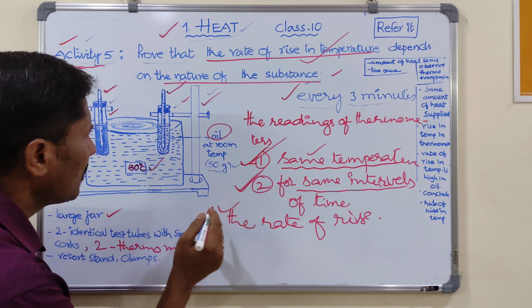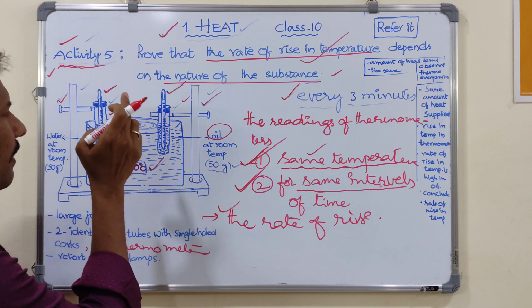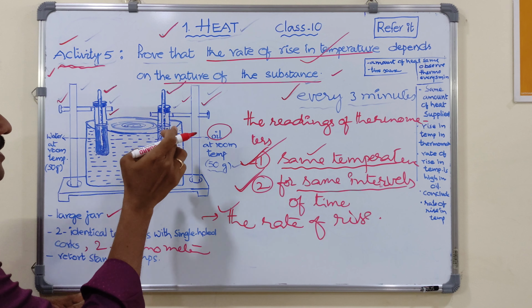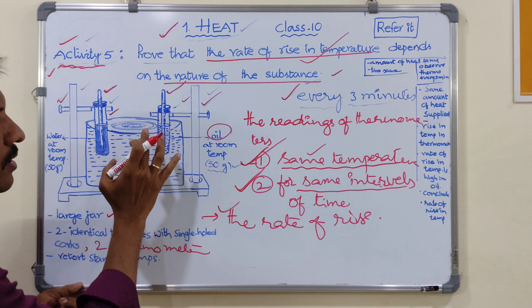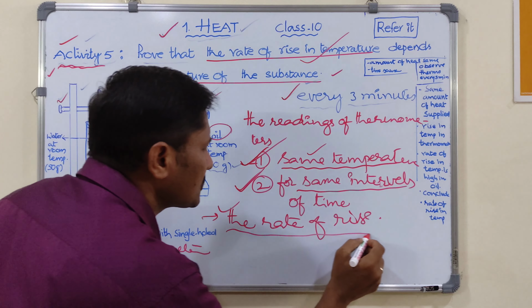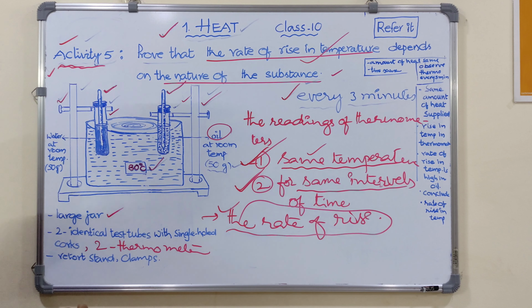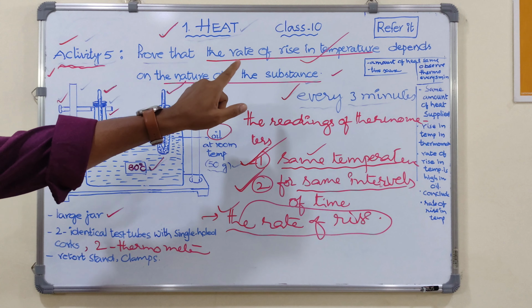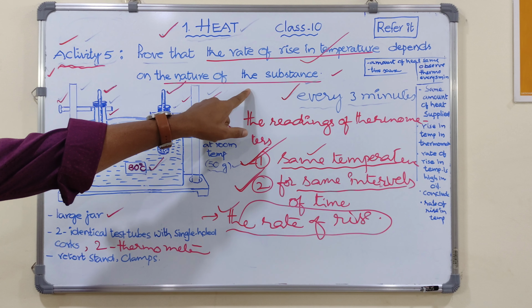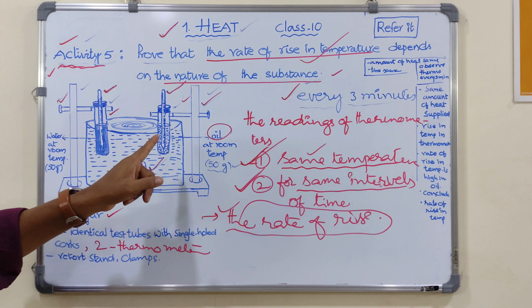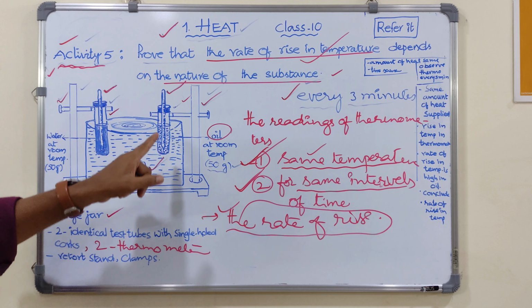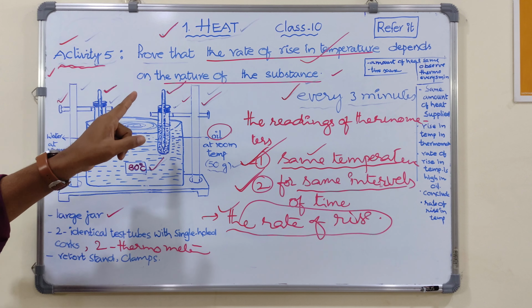That means the reading of the thermometer which is kept in oil is increasing rapidly because the rate of rise depends upon the nature of the substance. Because of the nature of the substance, the readings of the thermometer of the oil are increasing rapidly, speedily.